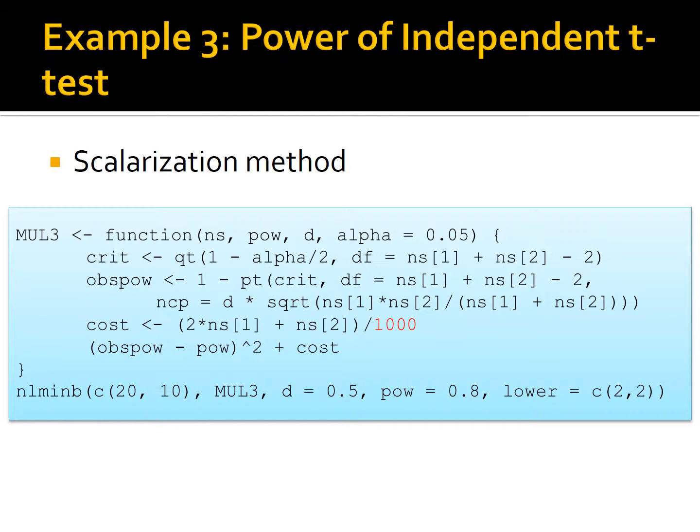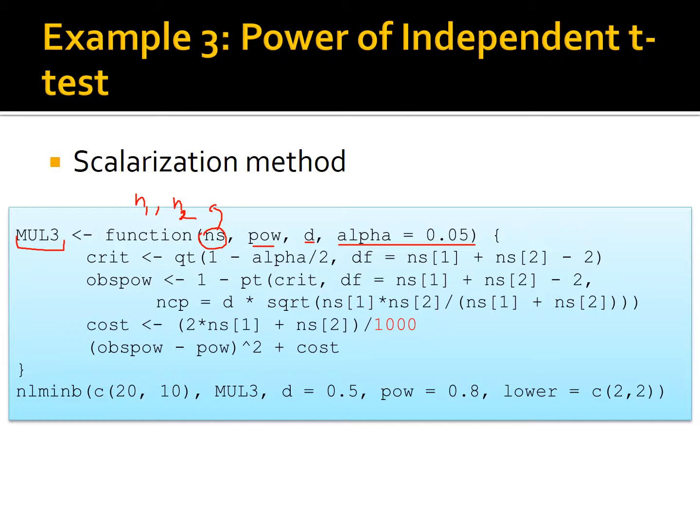Mod3 is the function I define, which is a function of sample size ns, where the first element would be n1 and the second element would be n2. Pow is the desired power, d is Cohen's d, and alpha is 0.05.